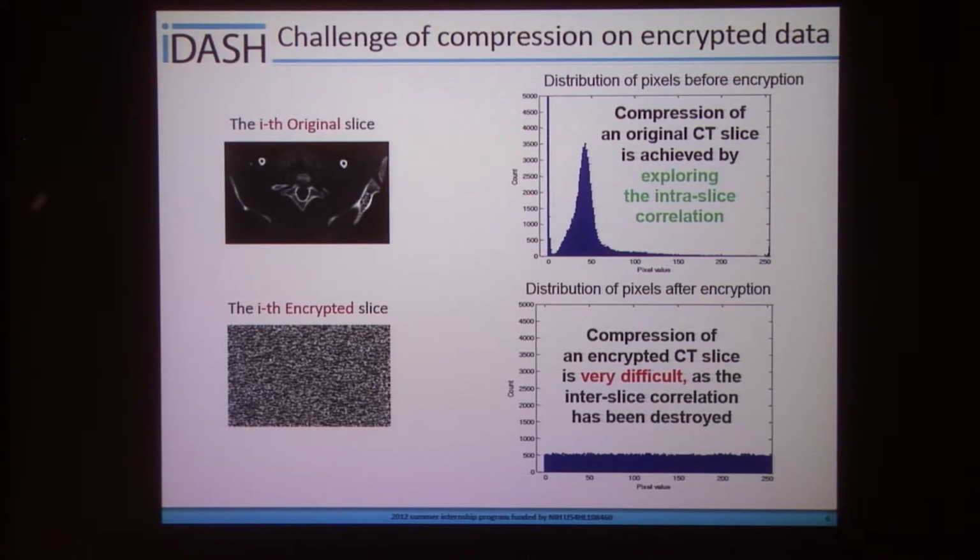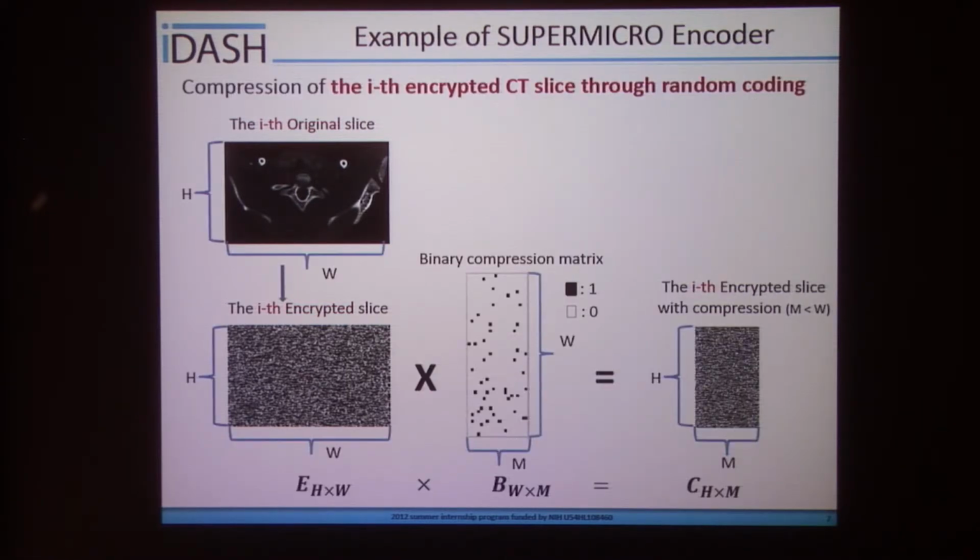It is because the principle of traditional compression is to remove the redundancy by exploring the structure of the data, whereas the correlation and the redundancy among pixels after encryption will be totally destroyed, which raises a big challenge for compression on encrypted data.